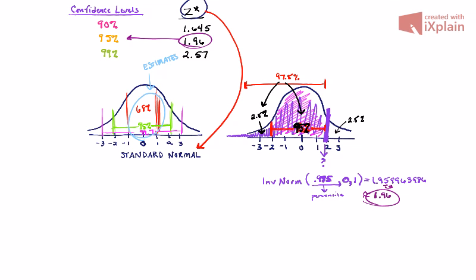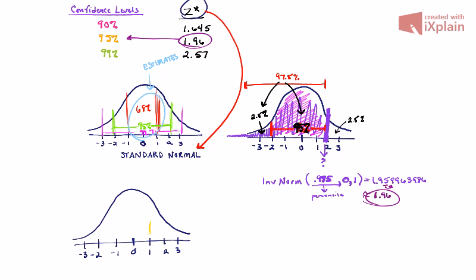Again, we'll start off with our standard normal distribution. And if I'm interested in a 90% confidence level, we're going to kind of make this up as we go along. Let's say that we know from one standard deviation, that's about 68.